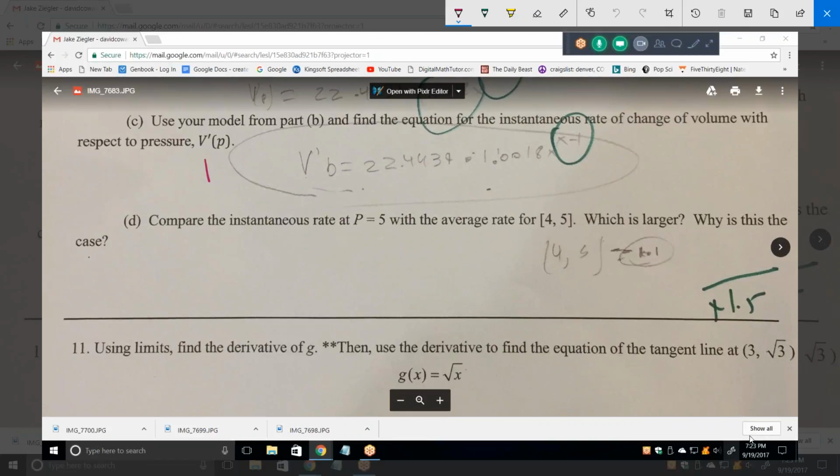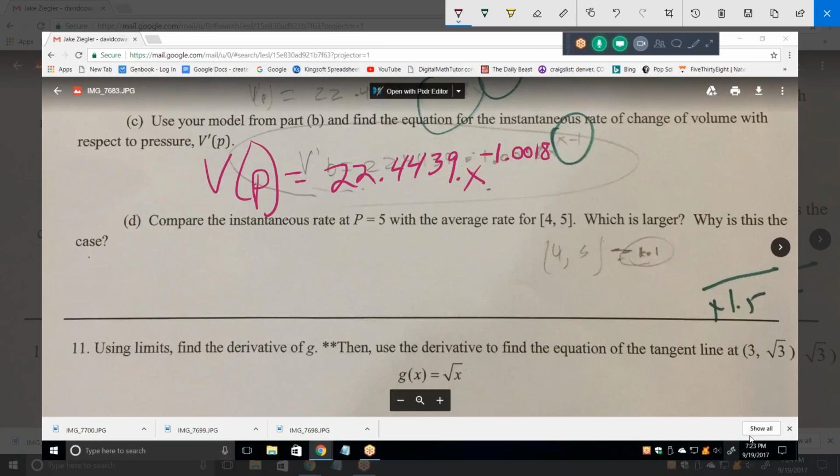Here's V of P equals 22.4439 times X to this number, to the negative. B came out to be negative, right? Okay, so there's our V of P formula that the calculator gave us.